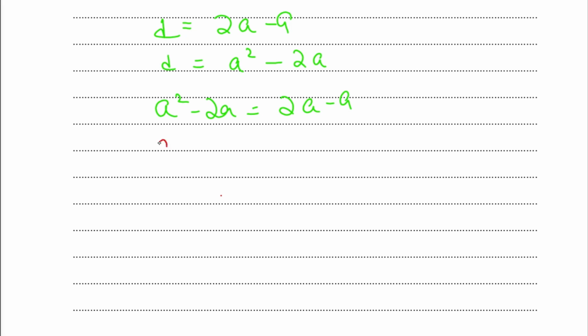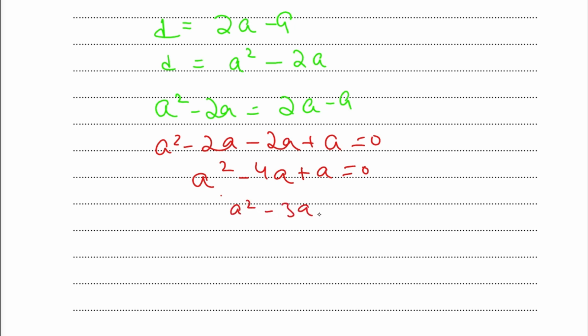From here we can write a square minus 2a minus 2a plus a equals 0. So we will have a square minus 4a plus a equals 0, a square minus 3a equals 0, a times (a minus 3) equals 0, so a equals 3 or a equals 0.